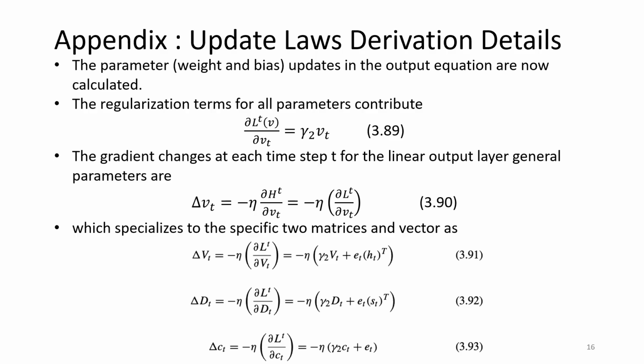The regularization terms for all parameters contribute to equation 3.89. Finally, the gradient changes at each time step t for the linear output layer general parameters are shown in equation 3.90, which specializes to the specific two matrices and one vector as shown in equations 3.91, 3.92, and 3.93.